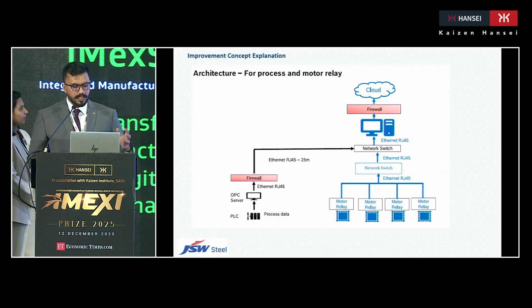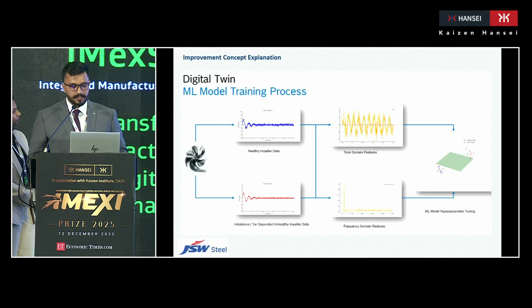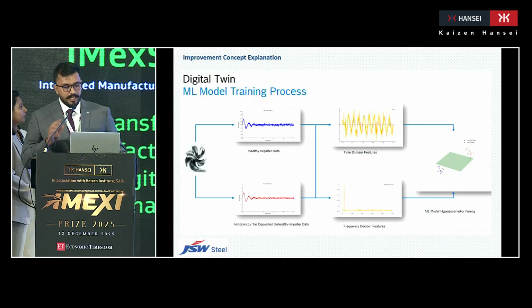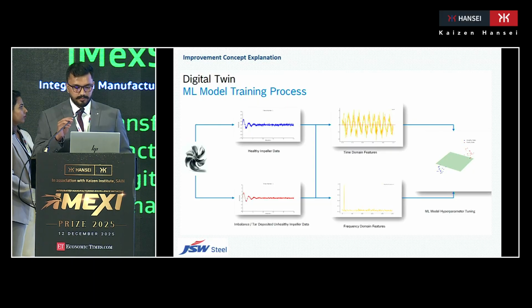And here's the architecture of the data which is being pulled from our DCS systems and the MCSA system, which is directly fetched, pulled to the cloud, where the machine learning model is currently being run. So here we have explained how the ML model is being trained.